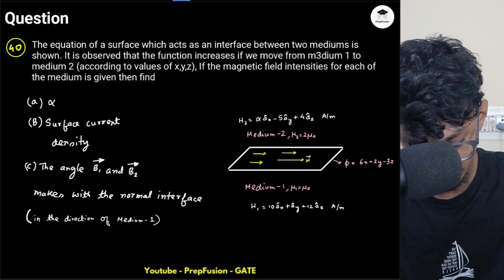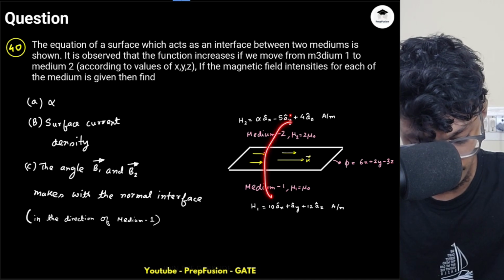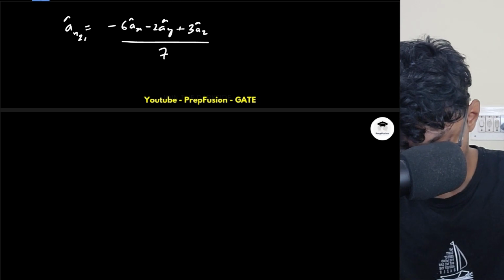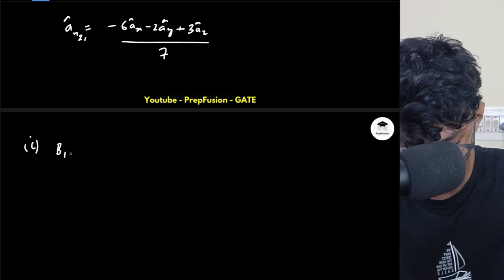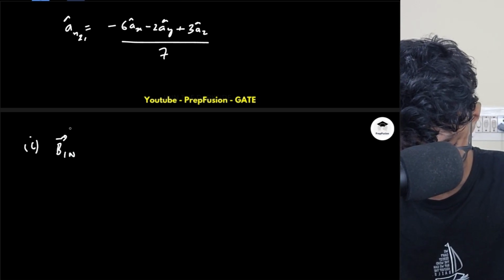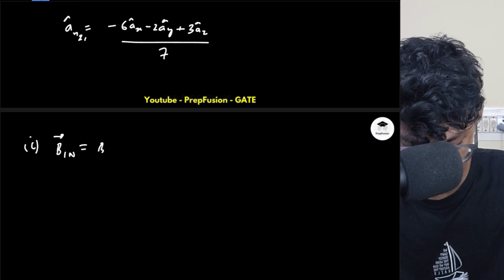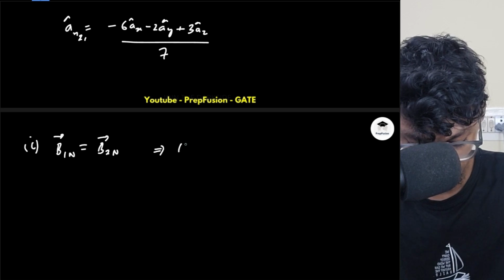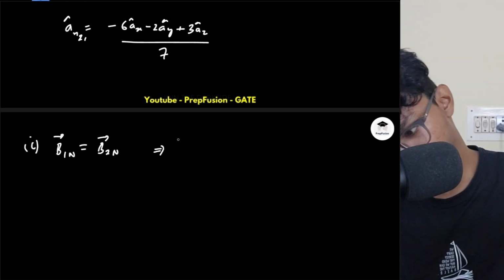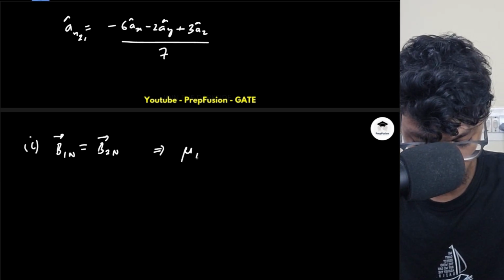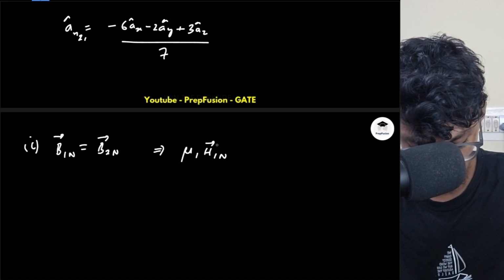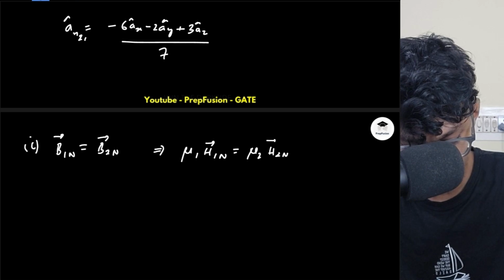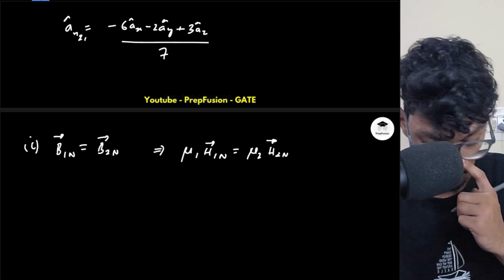If you apply the normal boundary condition, the normal component of the normal flux density must be the same. So for the first thing, B1n equals B2n, or I can further write this as mu1 H1n must equal mu2 H2n, because magnetic field intensities have been given and not flux densities.